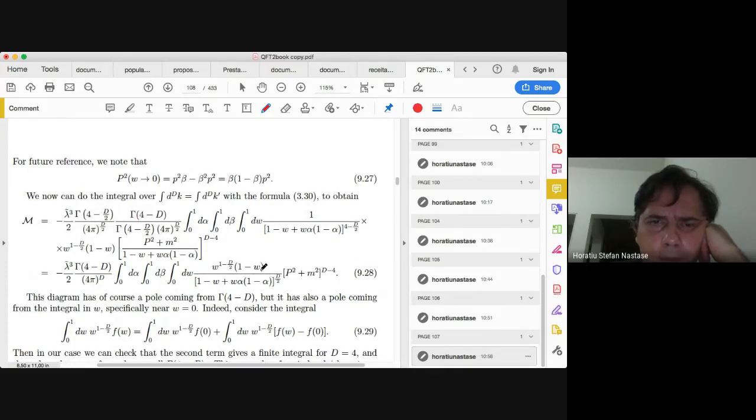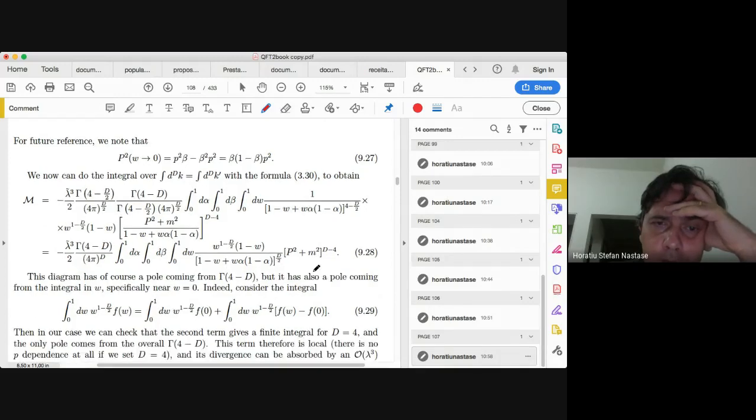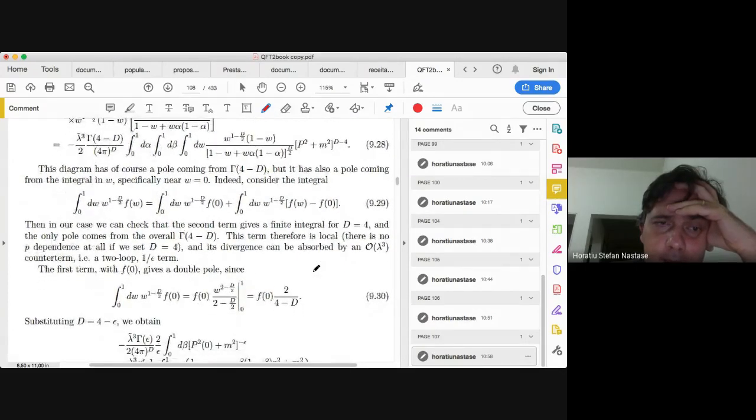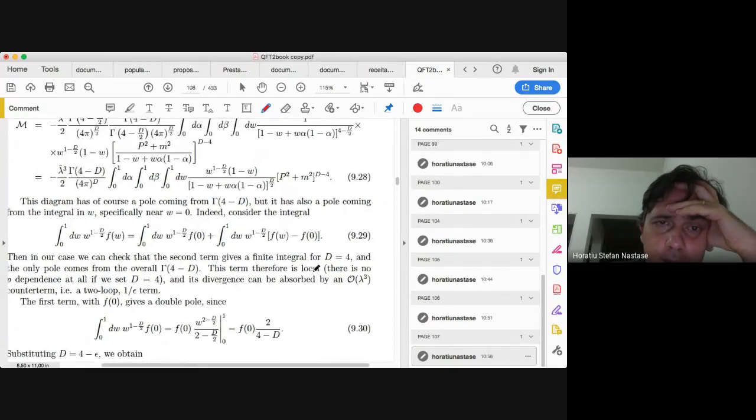Yeah, I'm confused. When w goes to 0, I said that this is proportional to p squared, little p squared. So why is this p independent?